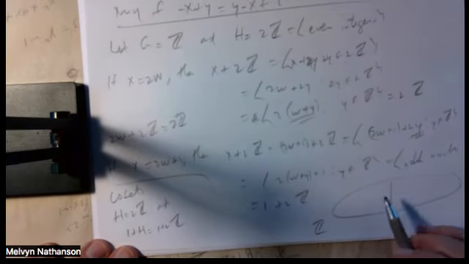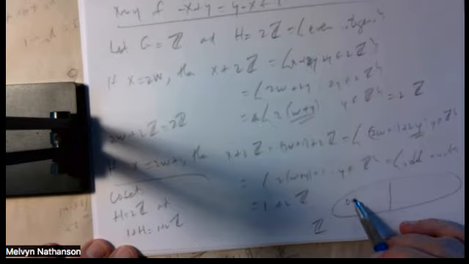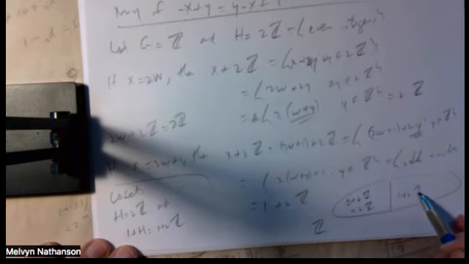So if here we have the integers, what are the two cosets? 0 plus 2Z, which just means 2Z, and 1 plus 2Z, the even numbers and the odd numbers.